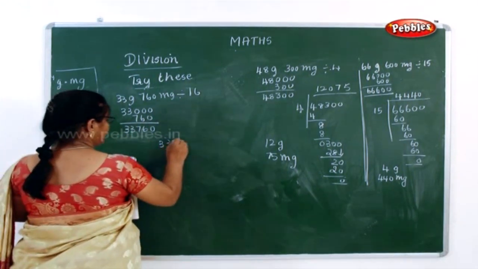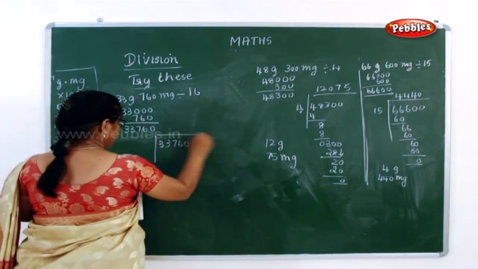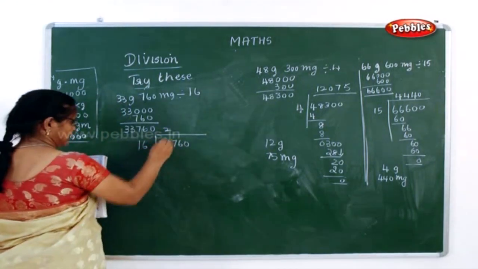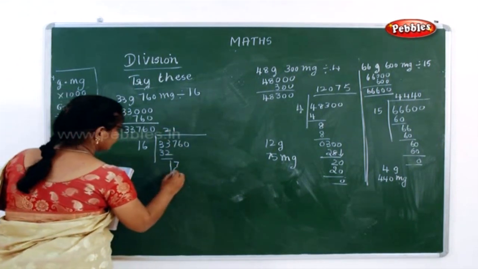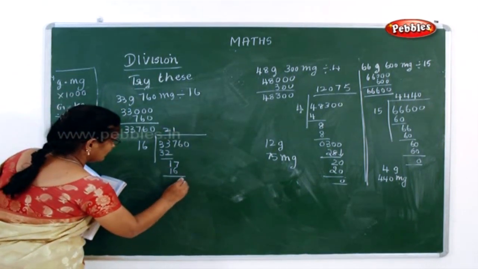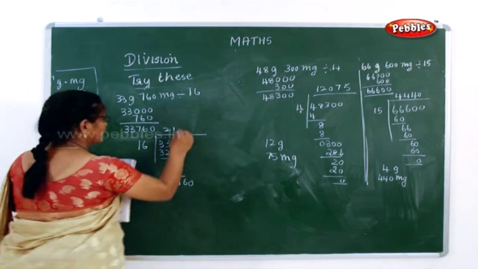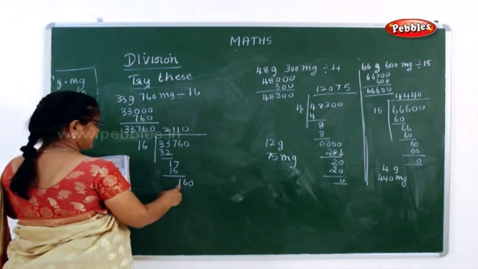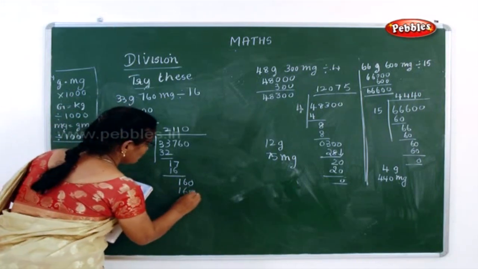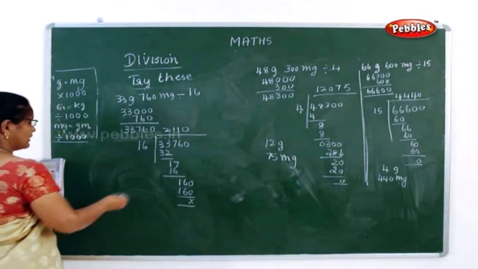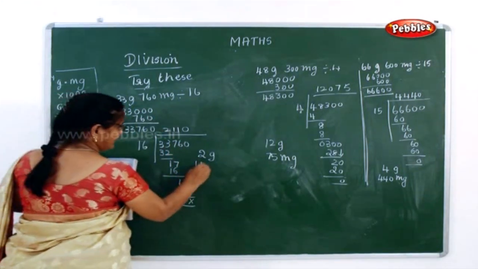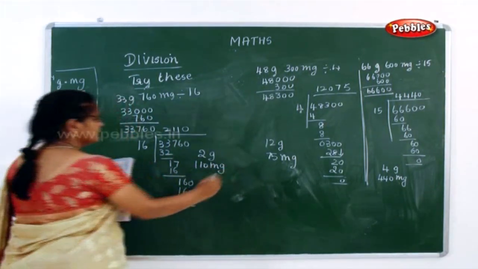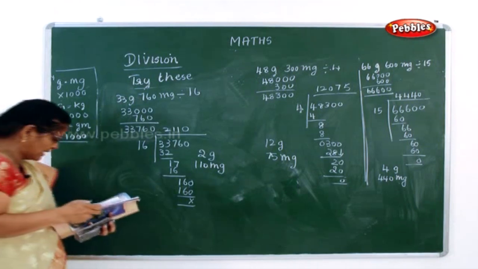So you have to divide it with what? 16 times. So 16 twos are 32. Then 17, one time. 160. So you are writing 10 because 1 times 16, the 0 you are carrying. So 160. So now what will you write here? 2 gram and 110 mg. Is it clear? 2 gram and 110 mg.